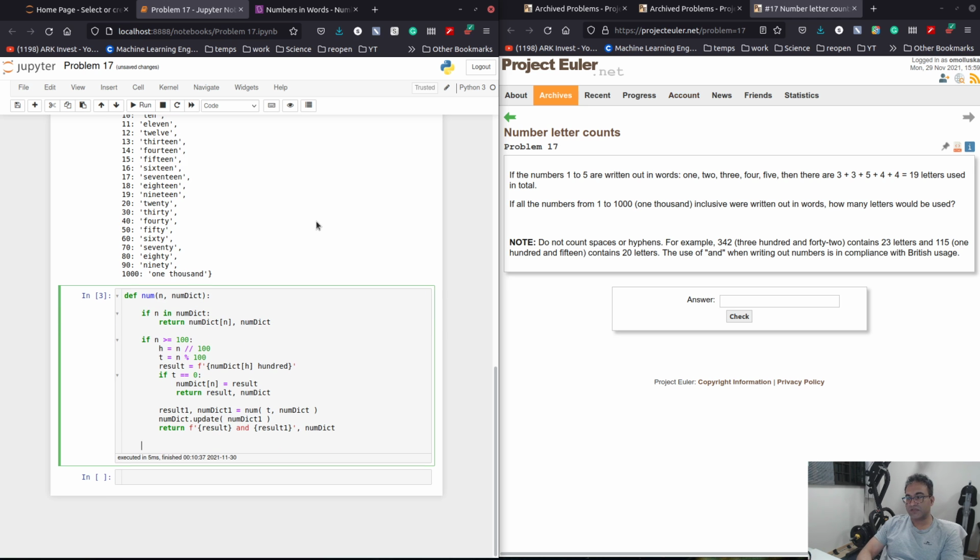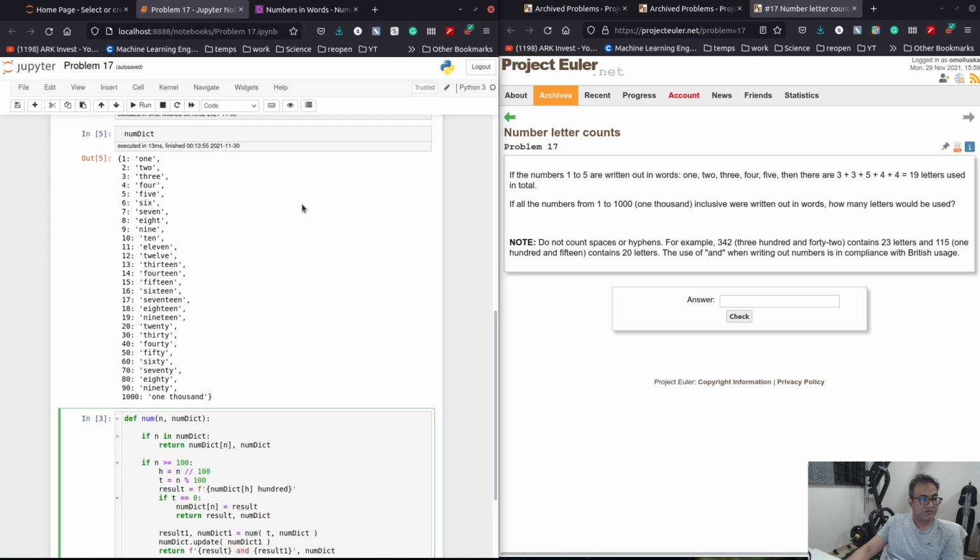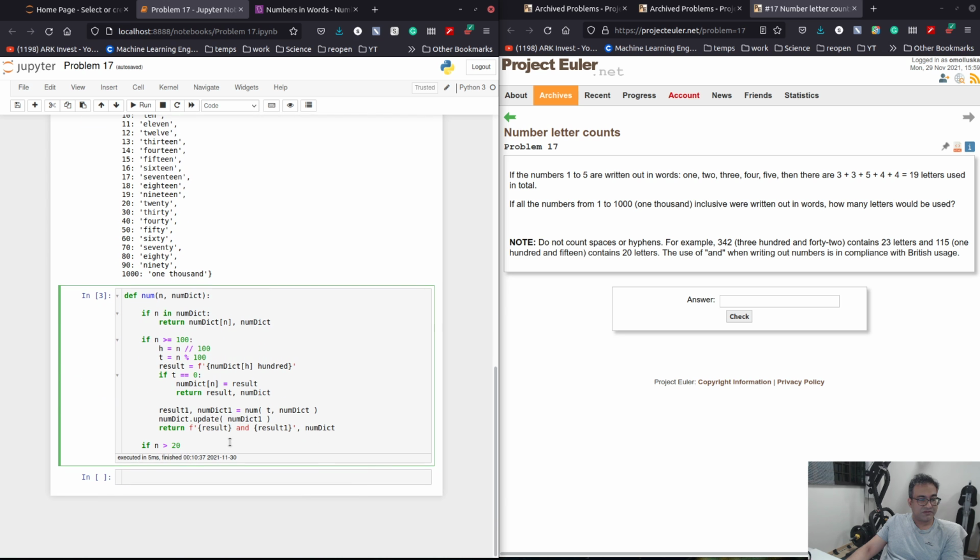That's 100 and something. Then we have to go to 19, 20 and greater than 20. If n is greater than 20, because 19, okay, n is greater than 20.